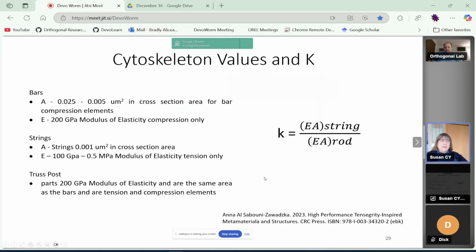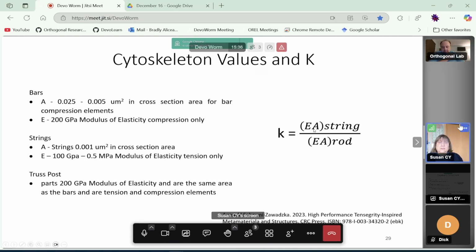And then there's a K value that is the cross-sectional area of the string, times its elasticity, divided by the cross-sectional area of the bar or rod. I guess it's a bar. And that gives you a K value, and this actually changes the slope of the elasticity curve.